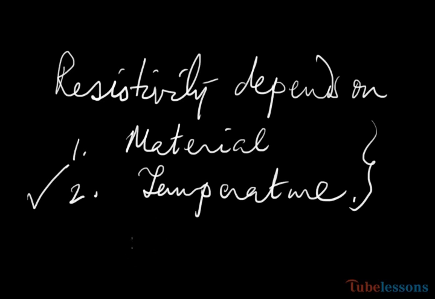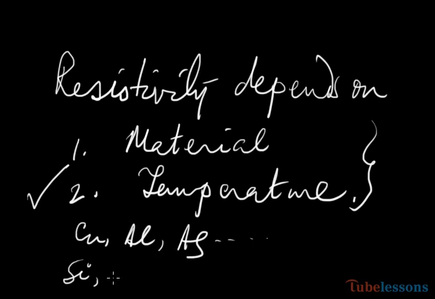Resistance increases with the increment of temperature for the normal conductors like copper, aluminium, silver, etc. But with the increment of temperature, resistance of some conductors decreases, like silicon and germanium, etc. Resistance decreases with the increment of temperature.